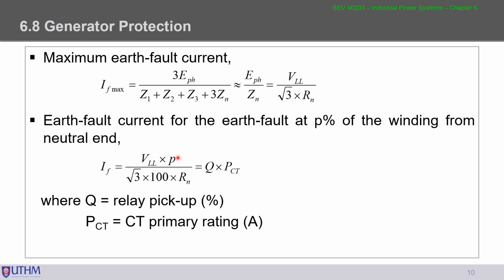So we multiply IF max with P divided by 100%, which is equal to Q times PCT, where Q is the relay pickup in percentage, and PCT is the current transformer primary rating.